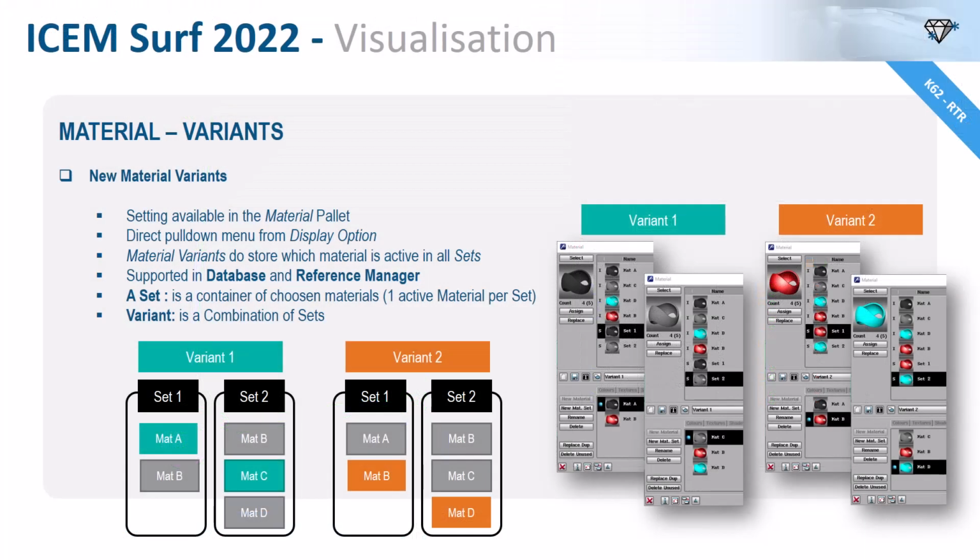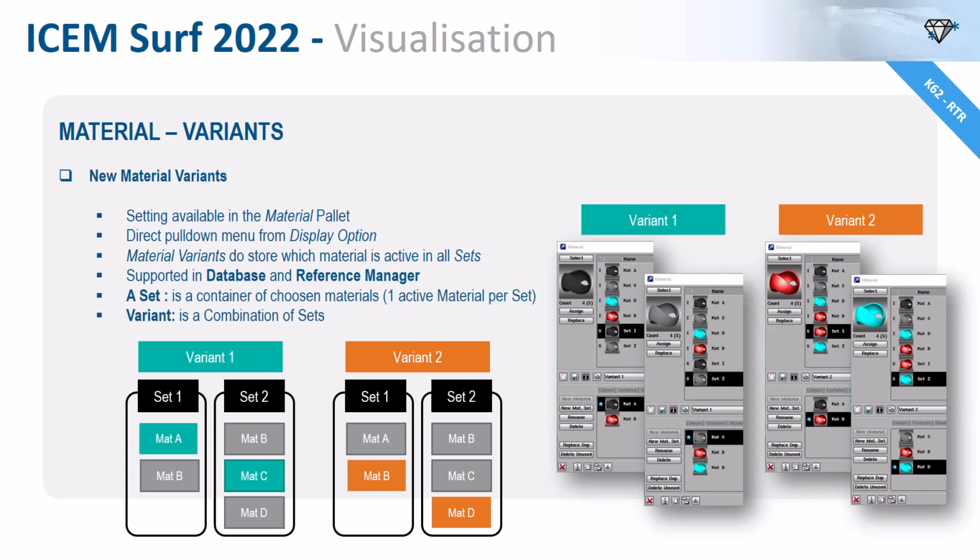And here we come to the last but not least enhancement to ICEMSurf 2022, material variants. You will recall in 2021 we introduced the concept of material sets. This was the ability to group together a number of individual materials into a set and apply that set to some geometry, allowing us to easily choose from the set which material we wanted to see.